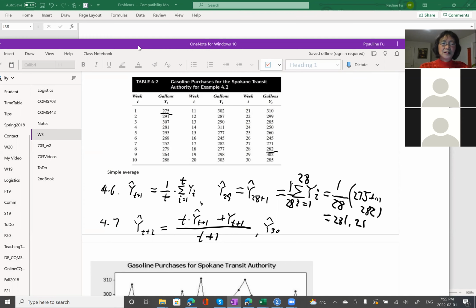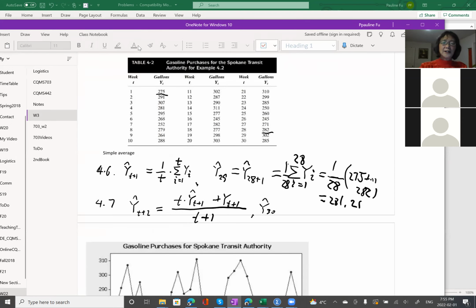Now to forecast the next one, week 30, you use formula 4.7. 30 is the same as 28 plus 2, so T is 28.